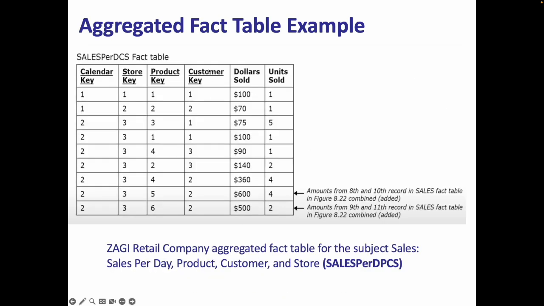Now, in the aggregated fact table, if you see here, we have the same customer again and the same product, customer key 2, product key 5. This time it aggregated the data that we had in the detailed fact table, because the same customer bought the same product 2 times at different times.